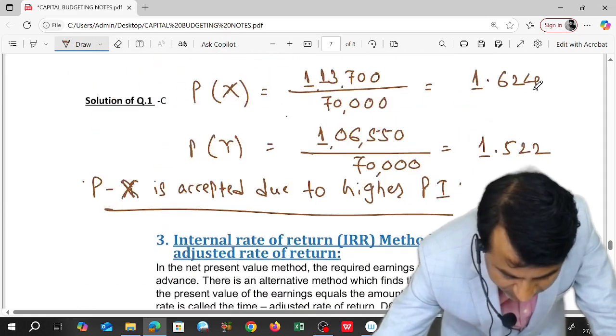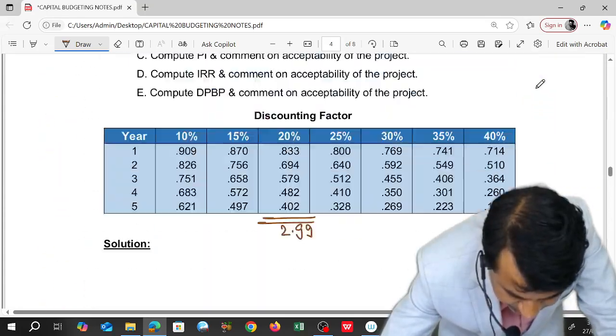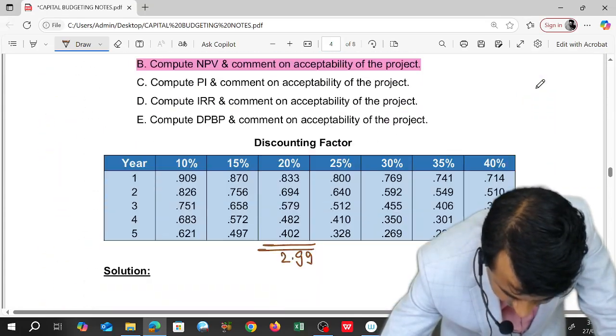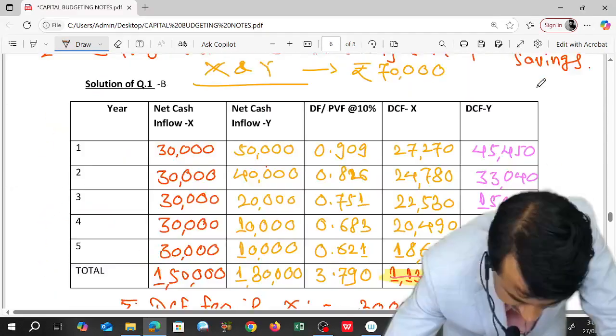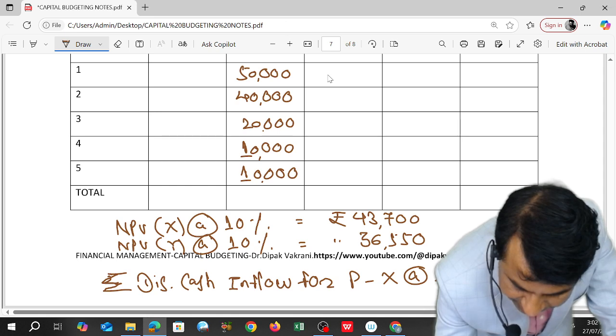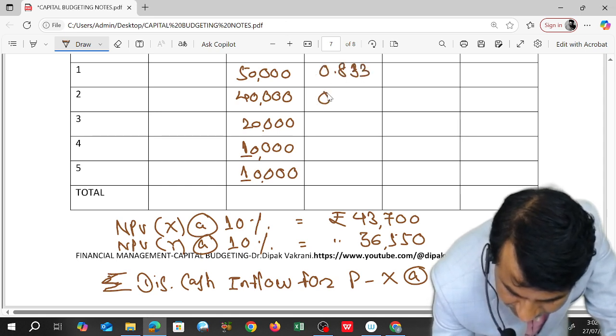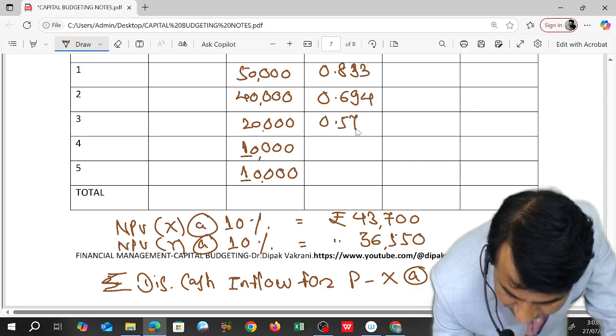सो 20 के डिस्काउंटिंग फैक्टर क्या है? तो फर्स्ट वन इज 0.833, second is 0.694, third is 0.579.